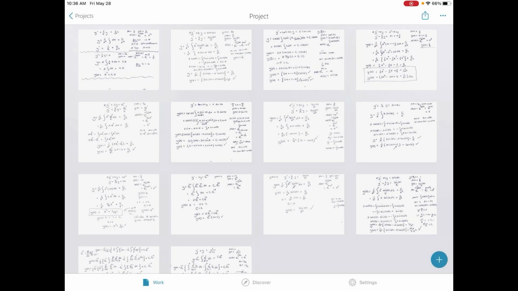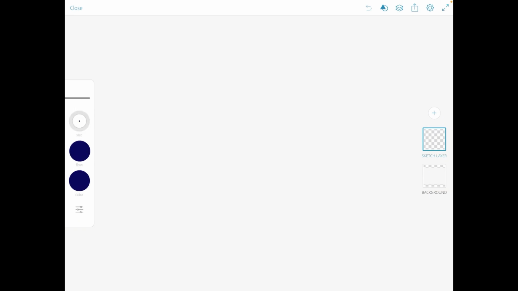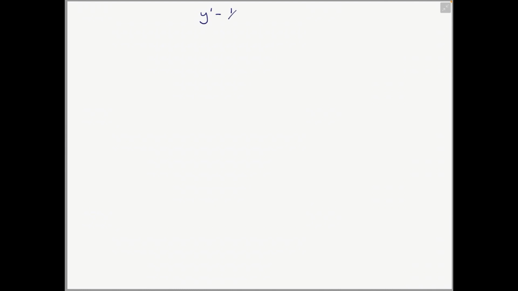Now, the next problem is y prime minus 1 on x, y equals x to the half. All right, so that's interesting.